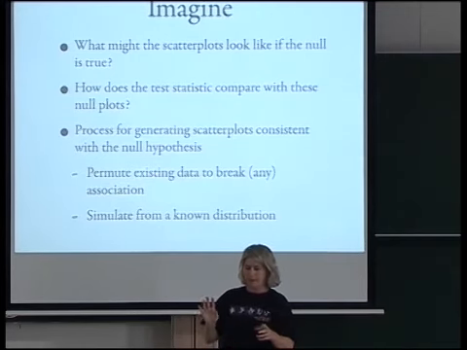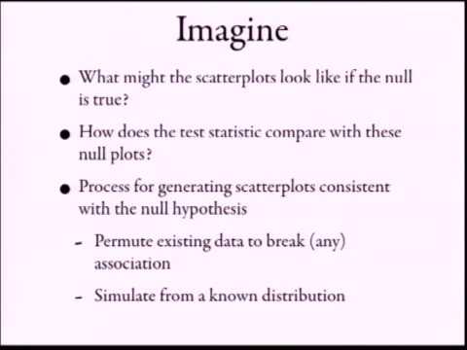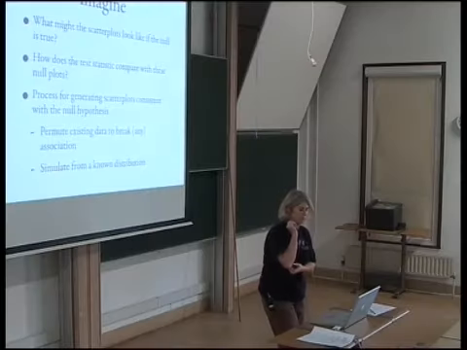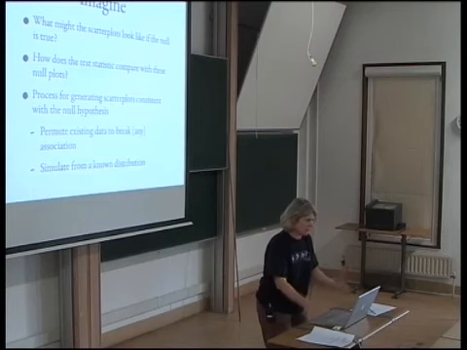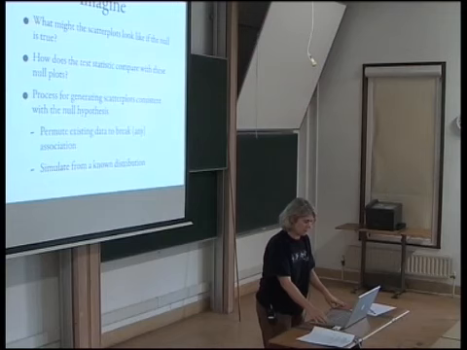Or you can simulate from a known distribution. If you are really interested in whether the association is linear, that second one might be the appropriate way to generate null data to compare your plot with. These are standard ways of dealing with problems in statistics anyway.